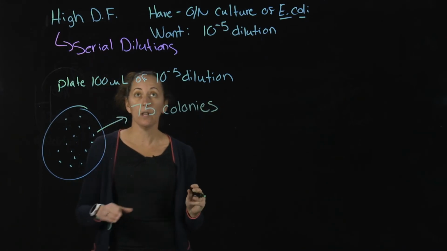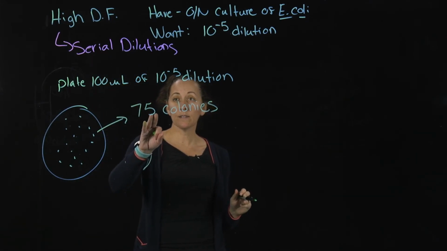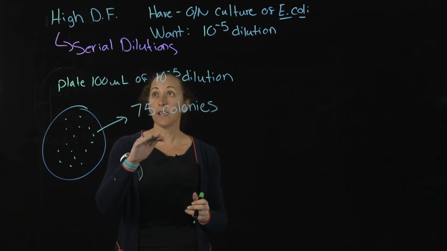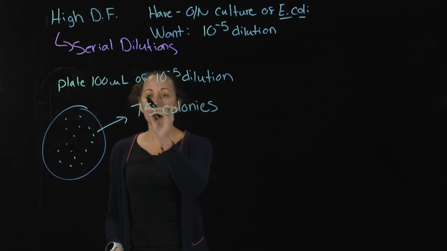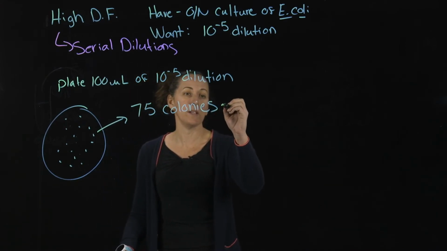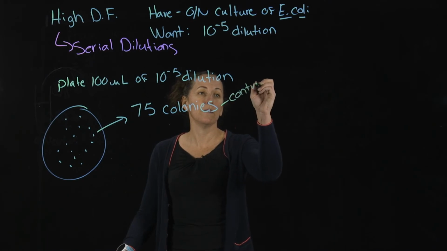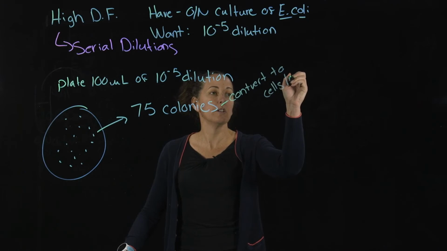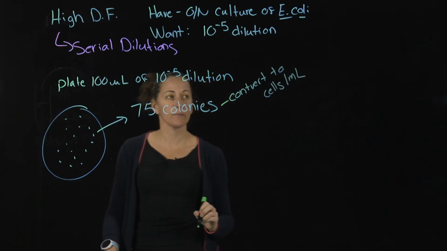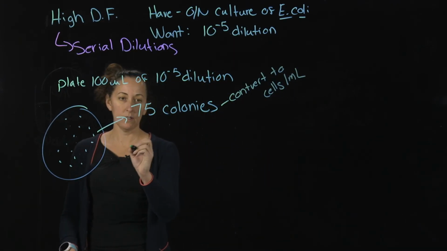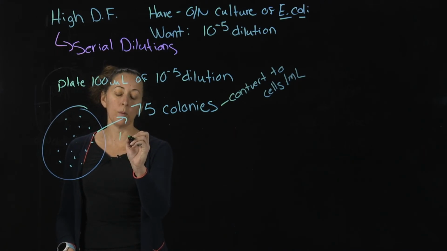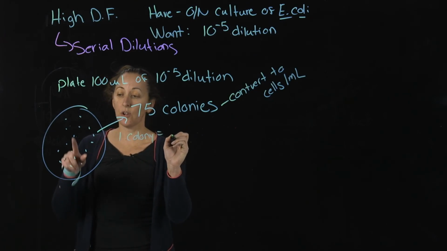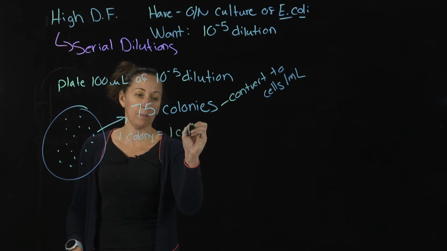That's great, but that doesn't give us a lot of useful information. To get useful information, we need to take the 75 colonies and convert it to cells per mil. Recall that we make an assumption that one colony started from one cell on that plate.